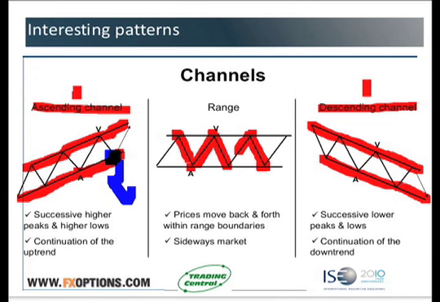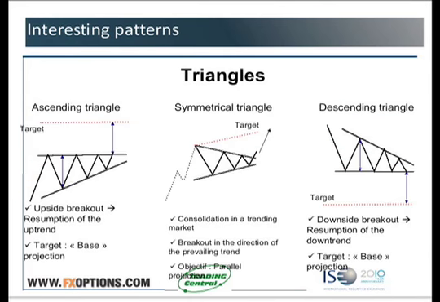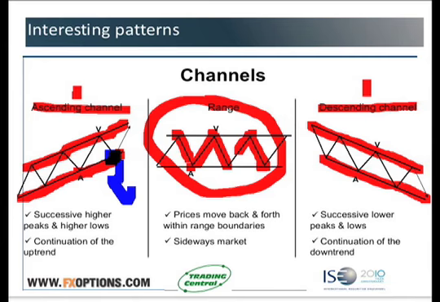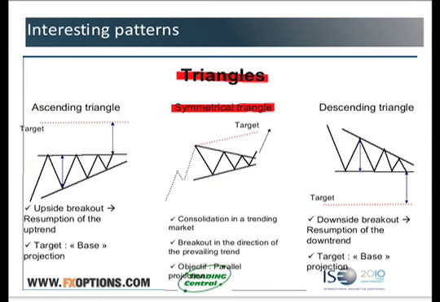Now I will turn to, for me, the most interesting pattern to play volatility, to play volatility options. These patterns are triangles, especially the symmetrical triangle, because sometimes just after a range of this kind, the range transforms itself into this kind of symmetrical triangle.